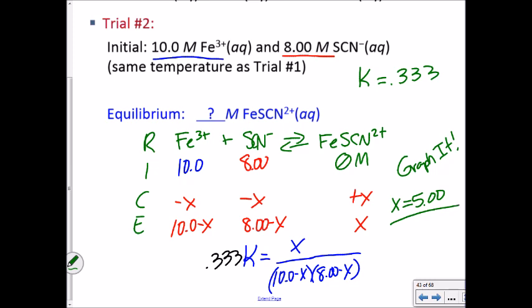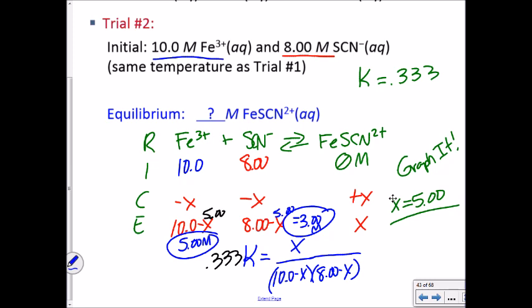So can we figure out the equilibrium concentrations? So this is a 5 here. If we subtract that, at equilibrium, the iron 3 should be 5 molar. 8 minus 5 gives us 3 molar of that stuff.